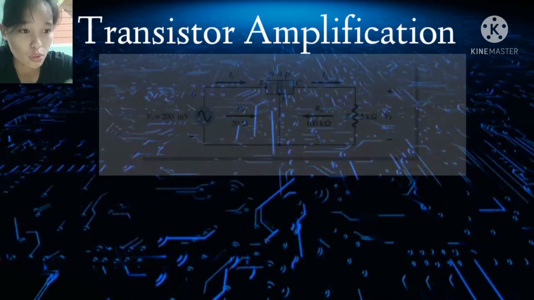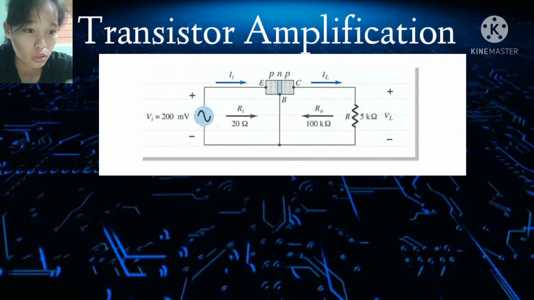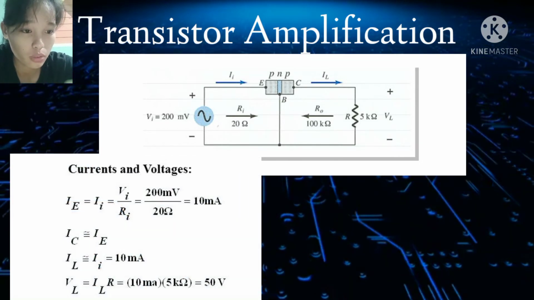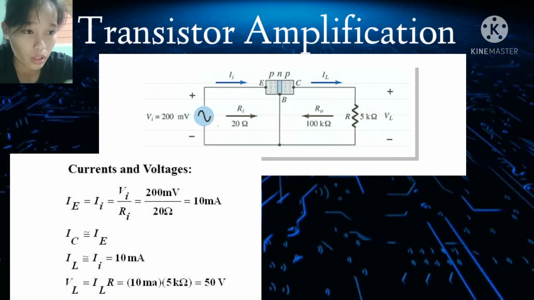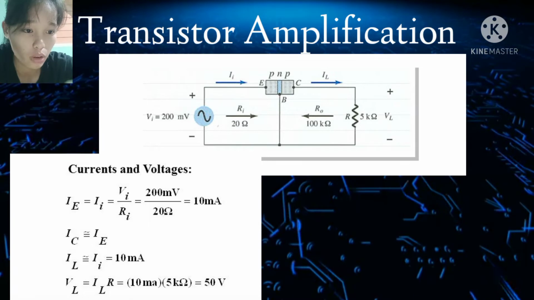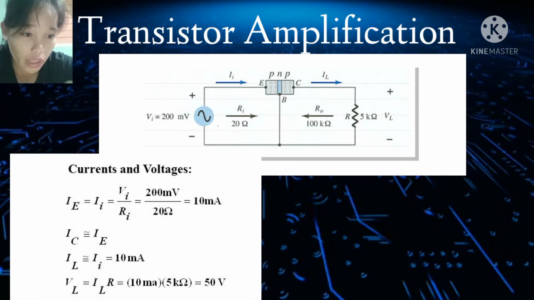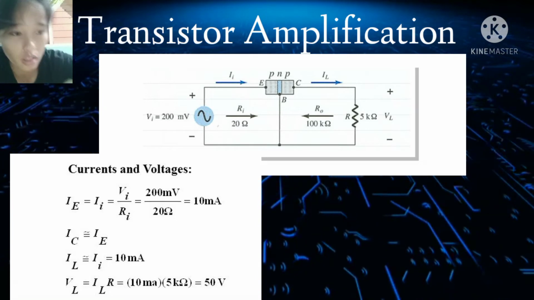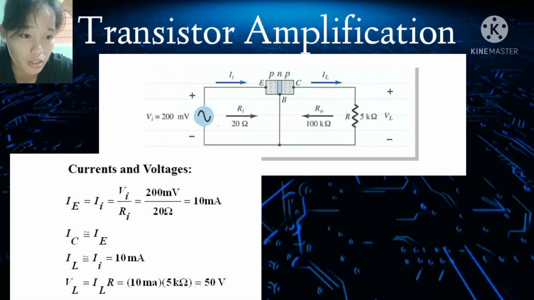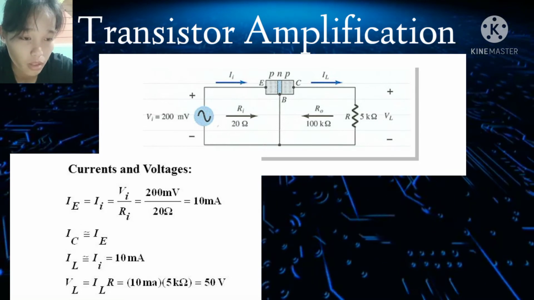Transistor amplification. For example, here we have the PNP transistor. We know that our emitter current is equal to the entering current, while our collector current is equal to the leaving current. So our entering current is equal to VI divided by RI, so 200 millivolts divided by 20 ohms.